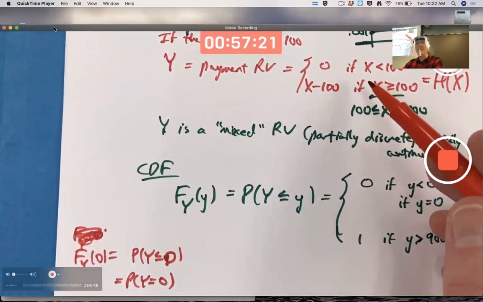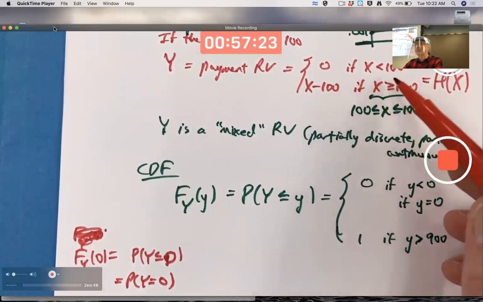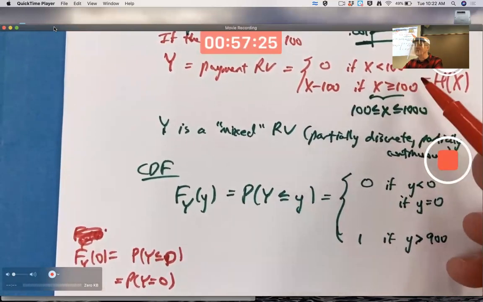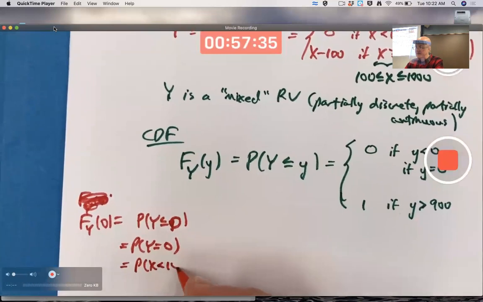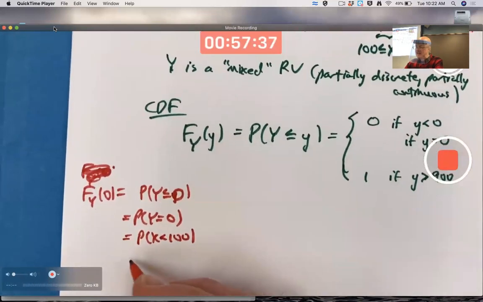Because Y will be 0 when X is less than 100, meaning when X is between 0 and 100. It's the same as X being less than 100, which is not 0, but instead is 0.1.